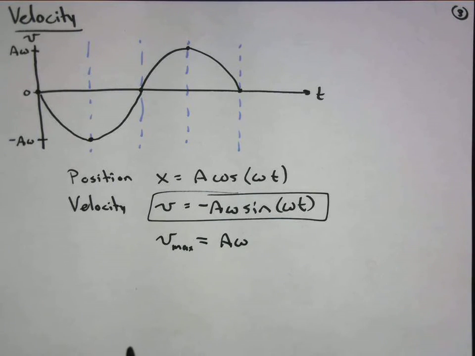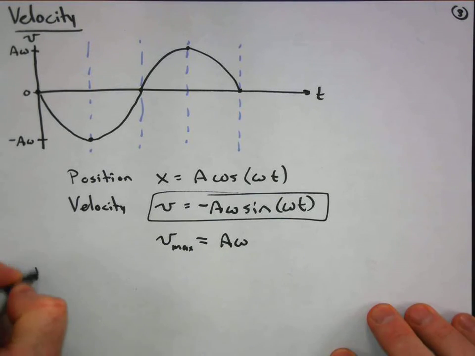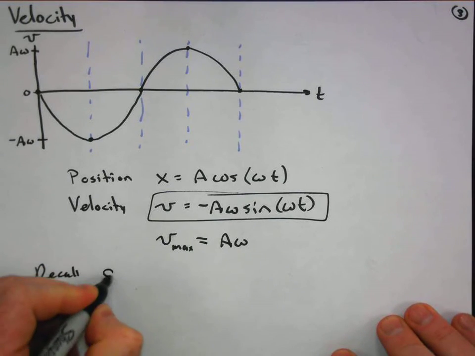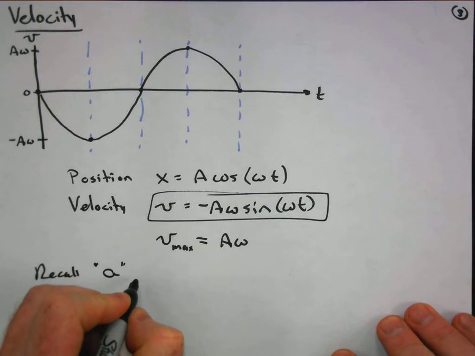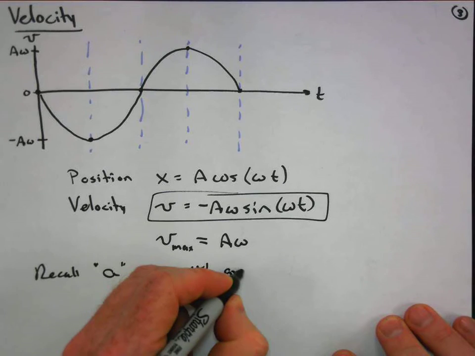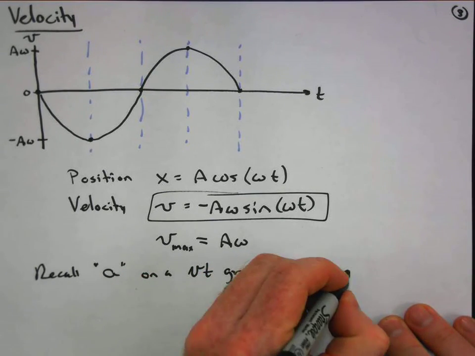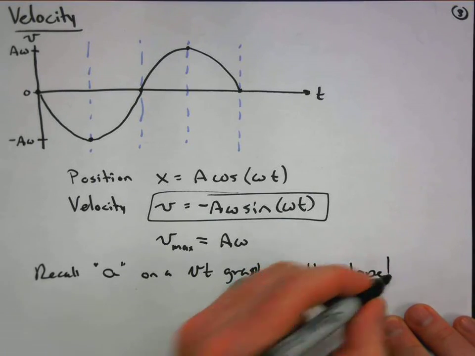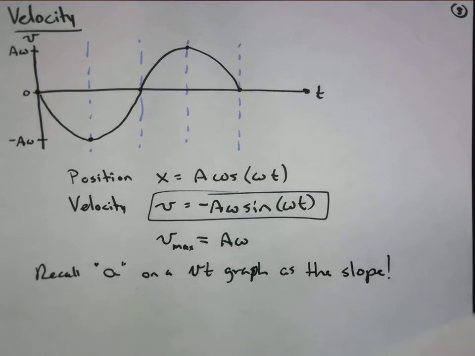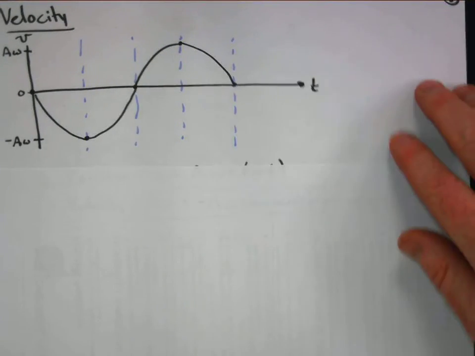Now, what about acceleration? So, recall that acceleration can be seen on a VT graph as the slope of that graph. So we're going to set that up, and I'm going to want to be able to see this graph now.